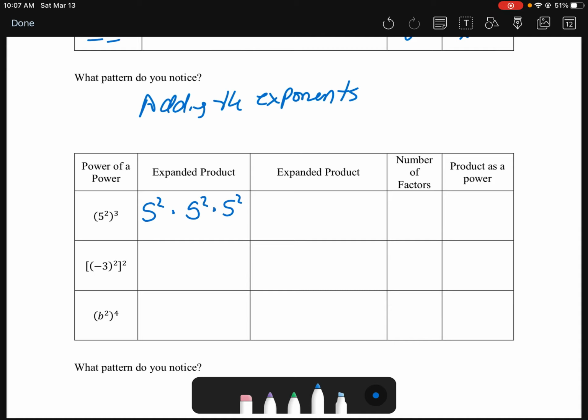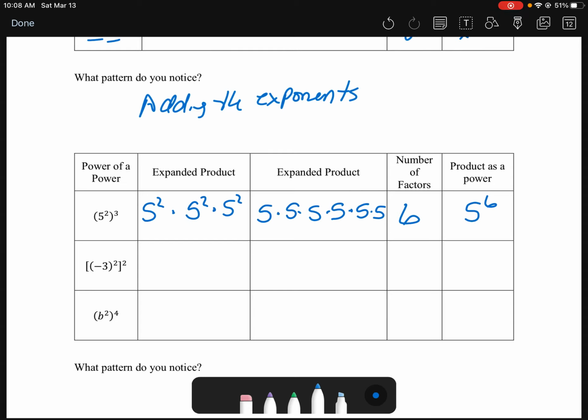And now that I have this new product, I can go ahead and expand that. Same thing as 5 times 5 times 5 times 5 times 5 times 5. Now in this new expanded product, I see that I have 6 factors of 5, and that can be rewritten as 5 to the 6th power.